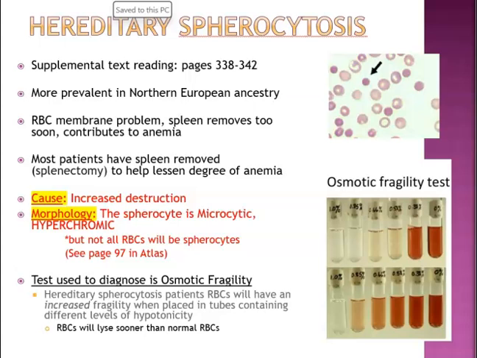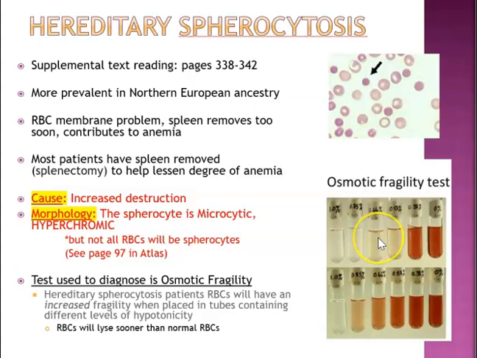So if you look at the image on the right-hand side of the osmotic fragility test, the top tubes, the line across the top, this is an example of a normal patient. And you can see the different percentages. It looks like we have 1%. The second tube has 0.85%.